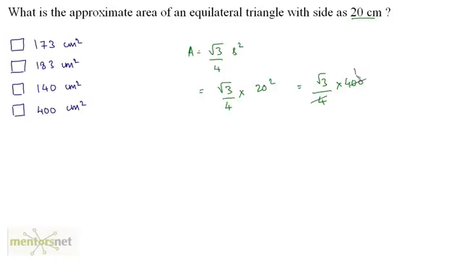So 4 times 100 is 400. Okay, now what is the approximate value of root 3? Well, you should remember it is 1.73. So this becomes 1.73 times 100. So this is equal to 173 centimeter square. So this is the approximate value, option A.